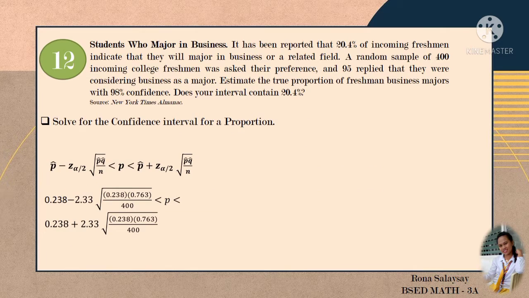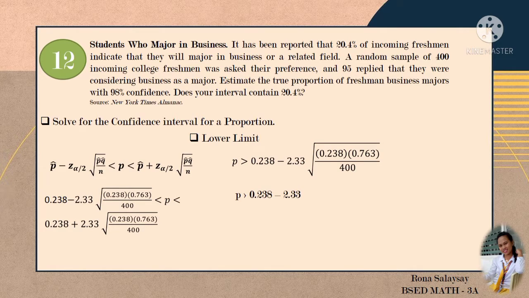For our lower limit, the sample proportion is greater than 0.238 minus 2.33 times the square root of 0.238 times 0.763 divided by 400. Let us first solve for the square root of 0.238 times 0.763 divided by 400 which is equal to 0.021.